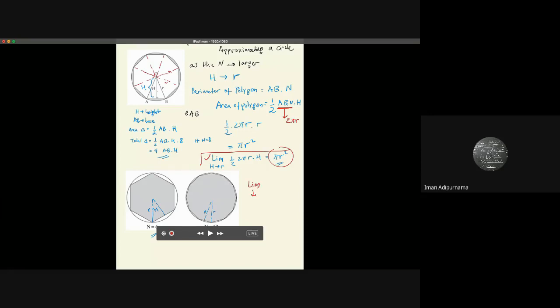Limit can be applied to geometry, any numerical approximation, like in your calculator, your graph. You can use limit to approximate some number. And later, also in derivatives, we can approximate some number.